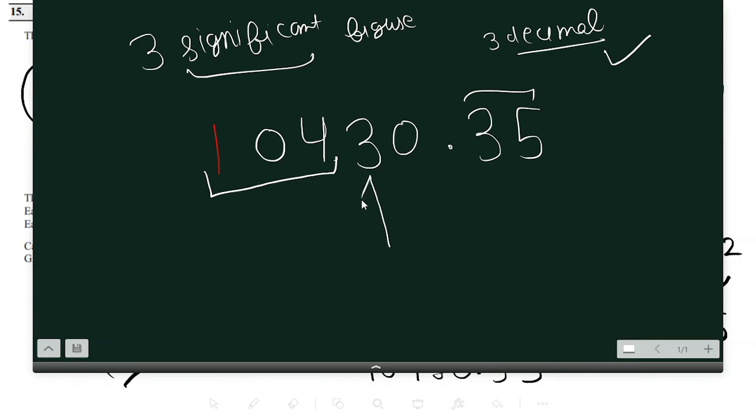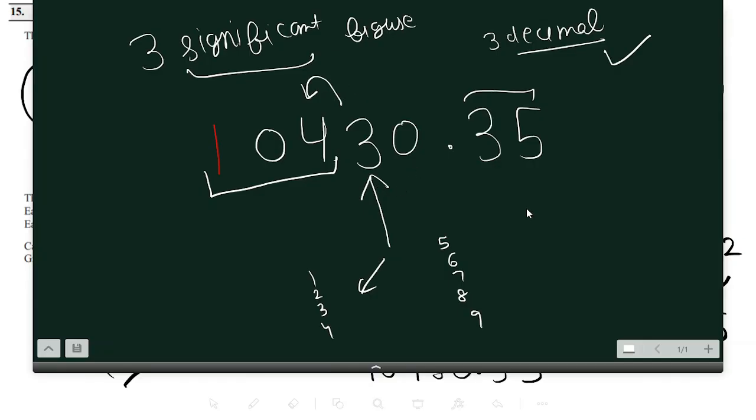After that, we have to see the next number. There may be two cases: either it is 1, 2, 3, 4, or it is 5, 6, 7, 8, 9, right? If it is 5, 6, 7, 8, 9, we simply add plus 1, but that is not the case here. Are you getting this point?